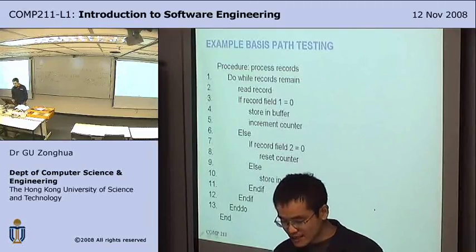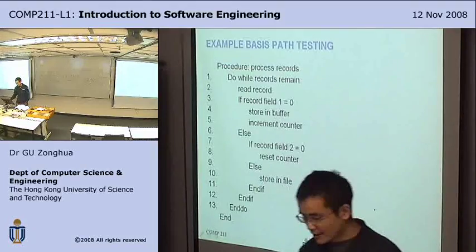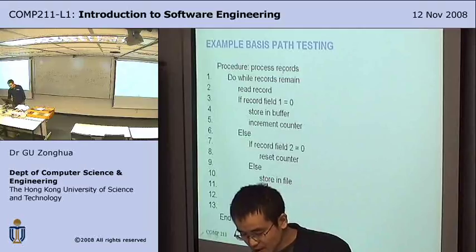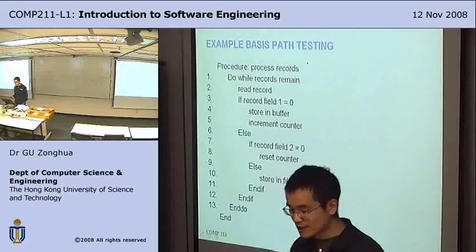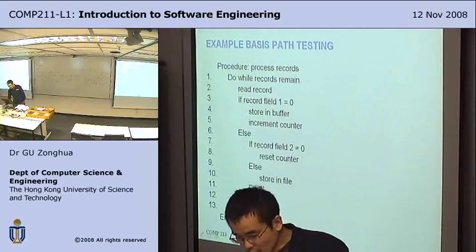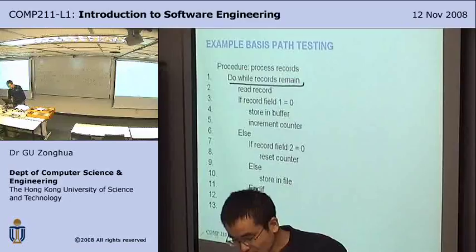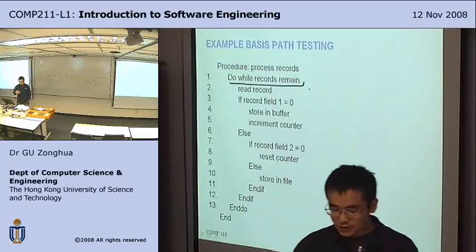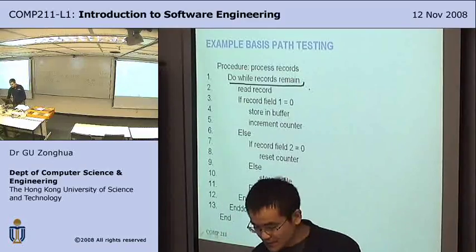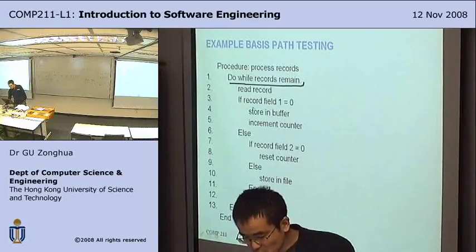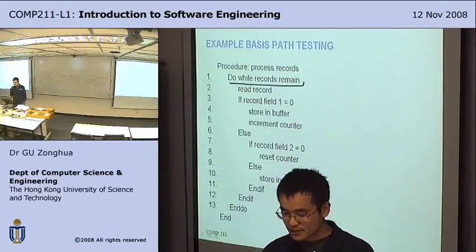So here's one example program. Process records, perhaps a database application. Do while records remain, so you iterate over all the records. Read the record. If record field 1 is 0, store in buffer, increment a counter.